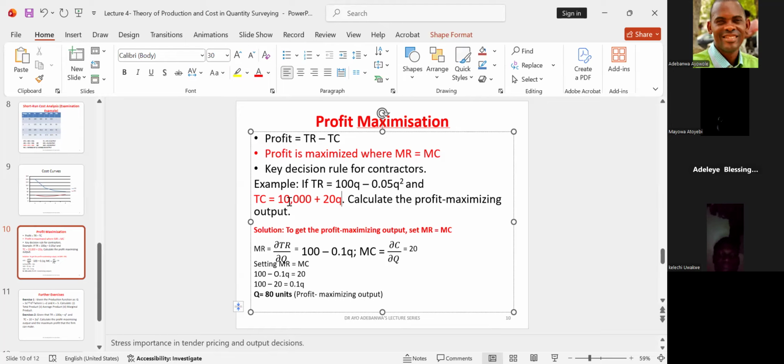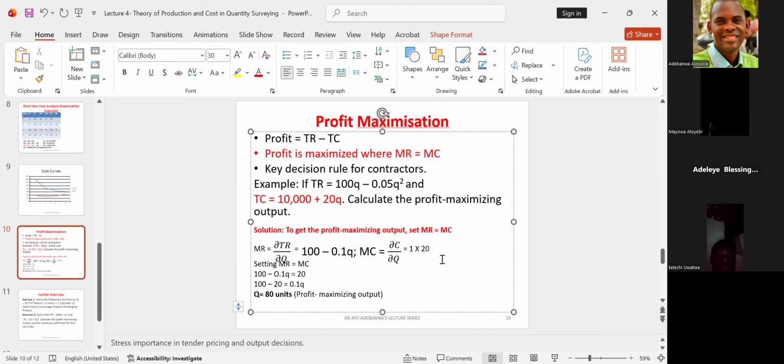This 10,000 is constant. Then 20Q, how do you differentiate it? Q has an invisible power of 1. You multiply that power, which is 1, by the coefficient. This is the coefficient, 20. So 1 times 20 will give you 20.